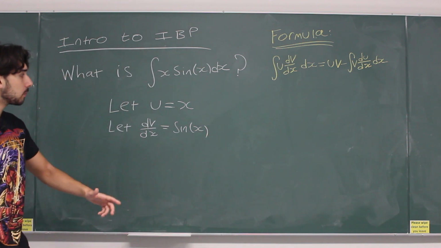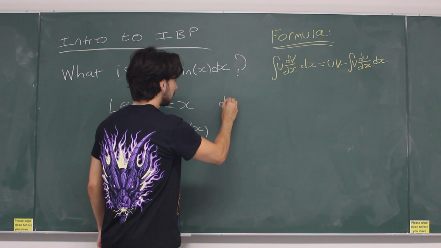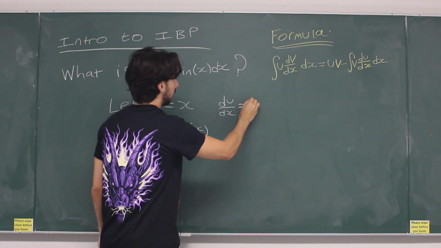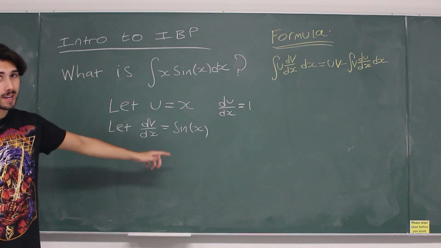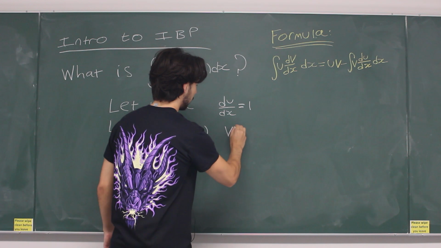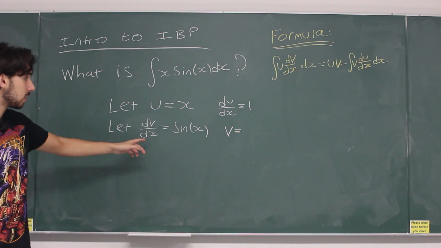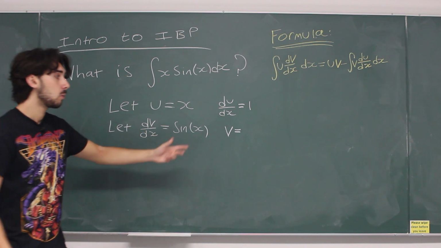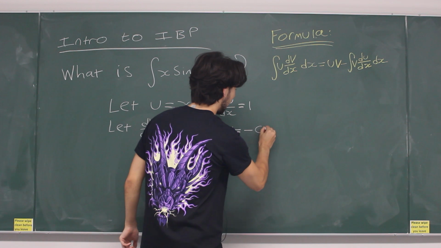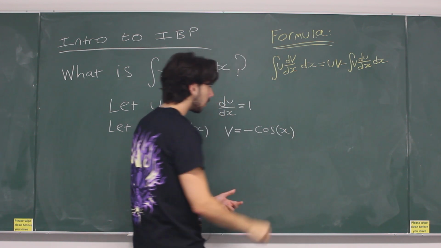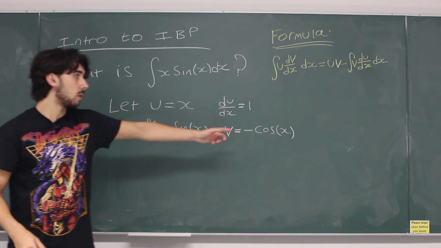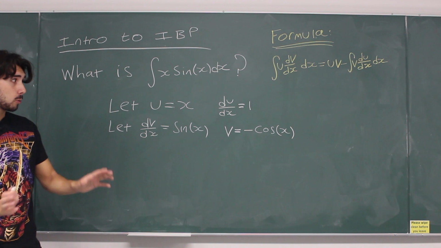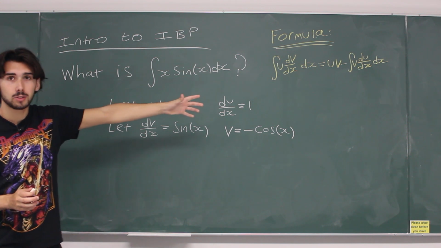Now, you're then going to differentiate u, so du dx in this question, the derivative of x, is 1, and you're going to integrate the other one. So v, not the derivative, integrate, so go from dv dx to just v. What will that be, guys? Well, that's going to be minus cos x, because cos differentiates to minus sine, so minus cos will differentiate to positive sine. Hopefully that makes sense so far. And then all we do is we just plug into the formula.